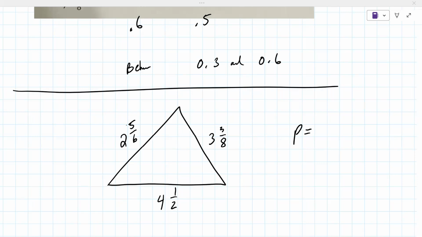Ten and 17/24. You got it. Besides being tedious, was that difficult? No. Okay.